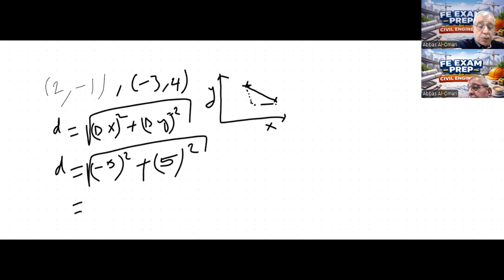So -5 squared is 25, plus 5 squared is 25, so that is 50. So the answer is the square root of 50.